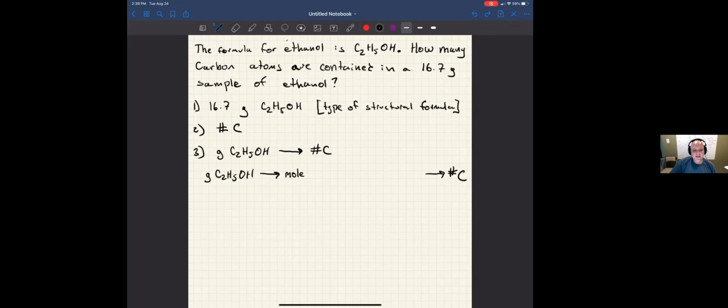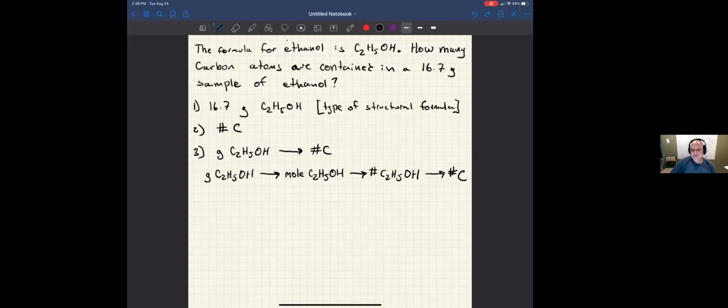So I know that I can convert grams of ethanol to moles of ethanol by using the relationship established in the molar mass, grams to mole. If I know the number of moles of ethanol, then I can use Avogadro's relationship to convert to the number of ethanol molecules.